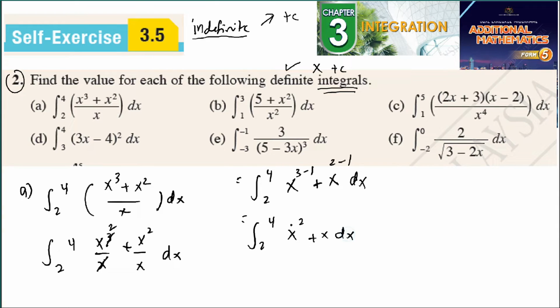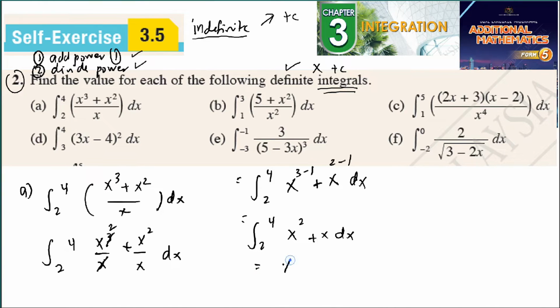Now you can do integration. We know to do integration we have 2 steps: first we add the power by 1, and then we divide by the new power. So add the power first and then divide with the power after you add. Now you have x squared, right?